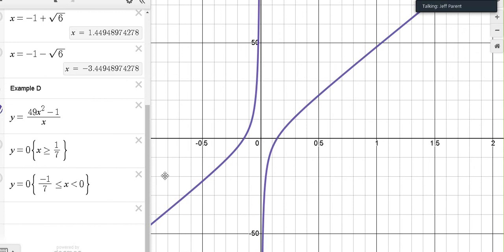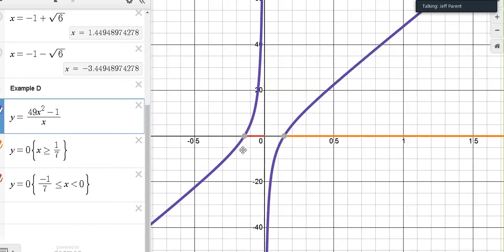So you can see that, for instance, if x is greater than 1/7, along the orange portion of the x-axis, then the graph is positive. There's also another little region where the graph is above the x-axis. It's not between 0 and 1/7. It's between negative 1/7 and 0.